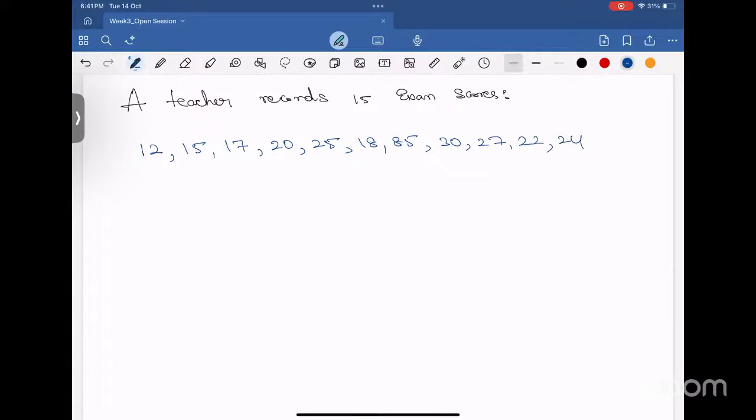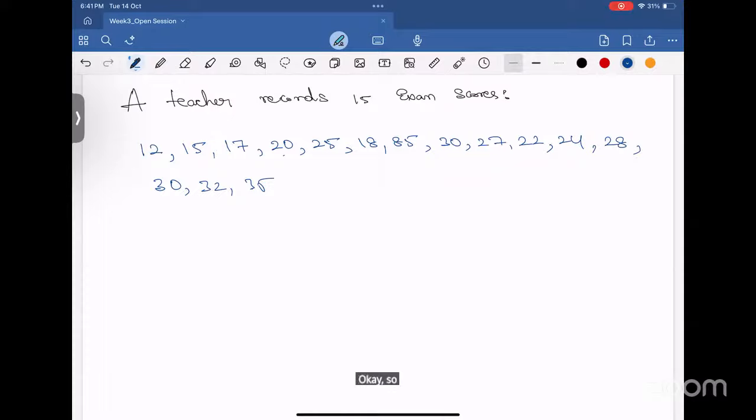How many then? 1, 2, 3, 4, 5, 6, 7, 8, 9, 10, 11. Oh, then 28. Then 30, 32, 35. Done, right? So 1, 2, 3, 4, 5, 6, 7, 8, 9, 10, 11, 12, 13, 14, 15.